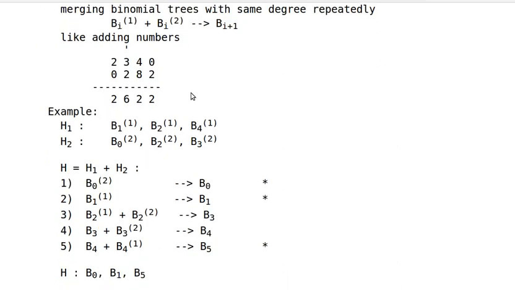So this is like adding numbers. We add these two digits, so 2, we get 2. It does not generate a carry. So we deal with the next digits. 8 plus 4, we get 12. So we get 2 here, but we generate a carry.